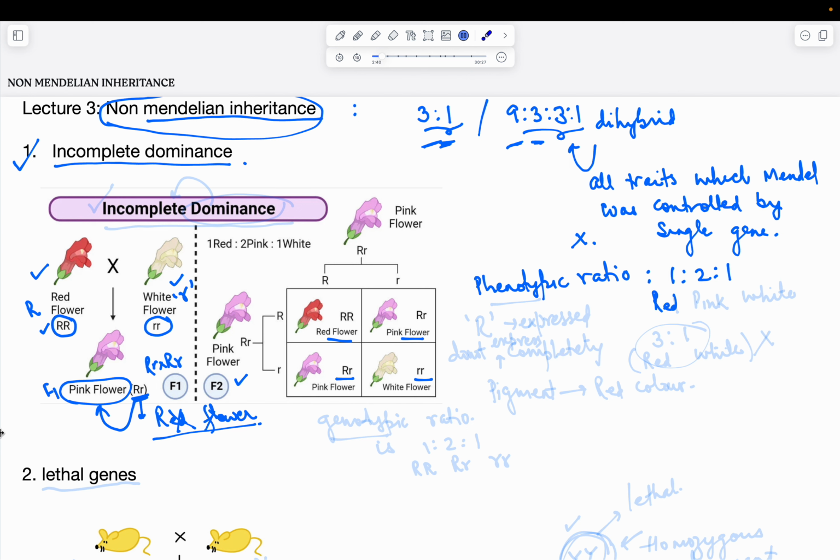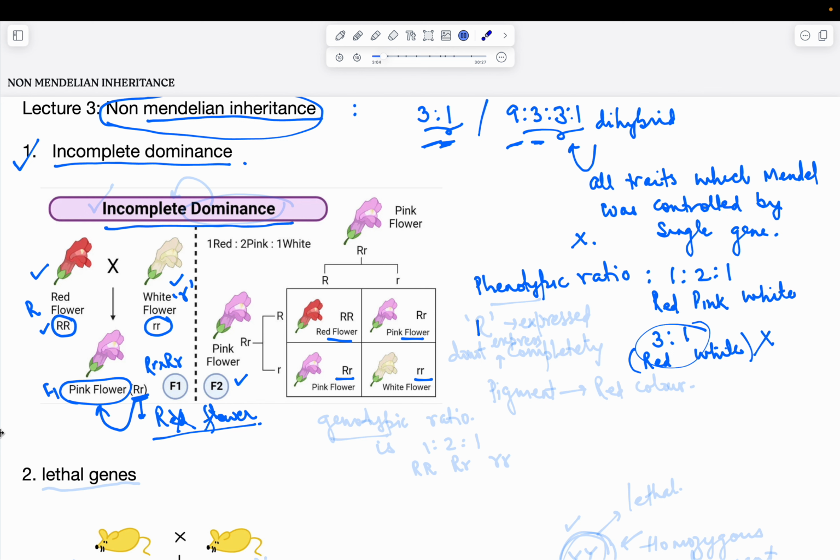One was red, two were pink, and one was white. But the expected outcome was 3:1. The scientists expected three would be red and one would be white. But this was not the case. So this was a case of incomplete dominance.